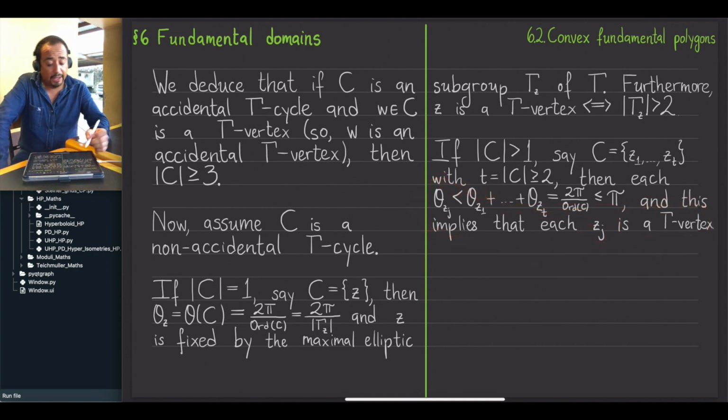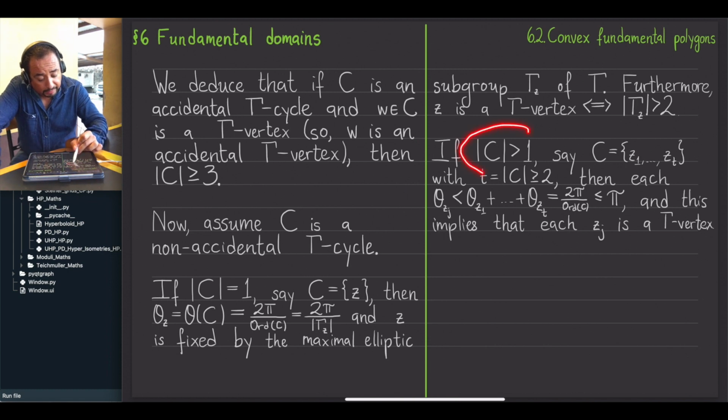Here you see, if it has more than one element, each of its elements is a gamma vertex, regardless of whether the order is two or not, because of this inequality.